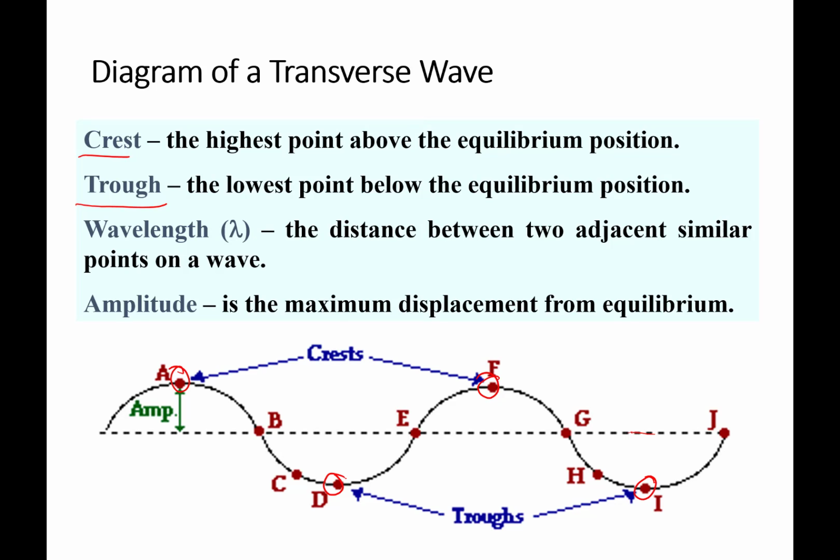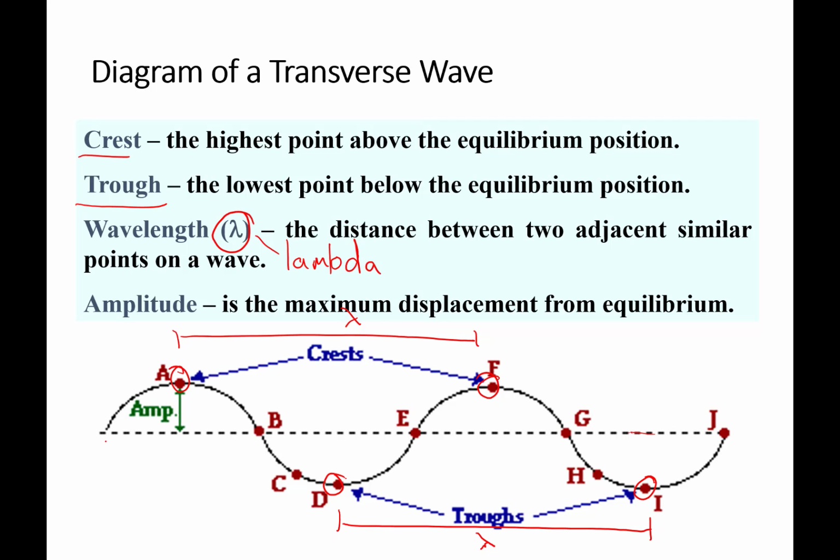And the wavelength, which is represented by the Greek letter lambda, Greek L, is the distance between two adjacent similar points on a wave. So it could be the distance from crest to crest, that's lambda. It could be the distance from trough to trough, that's lambda.